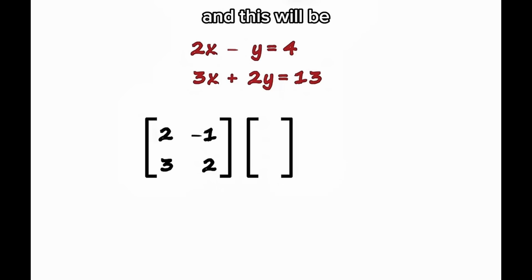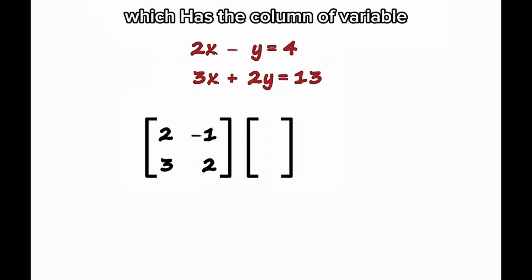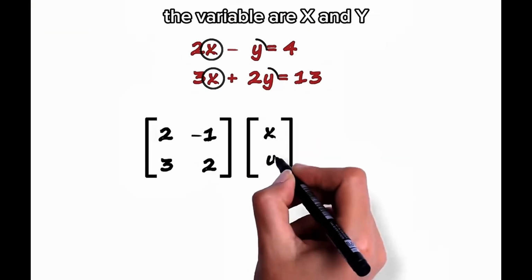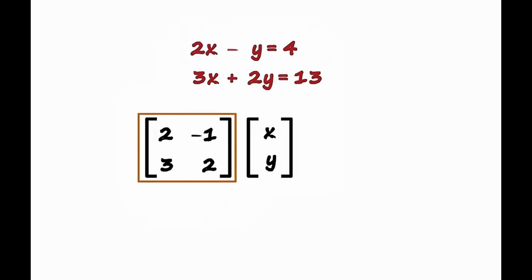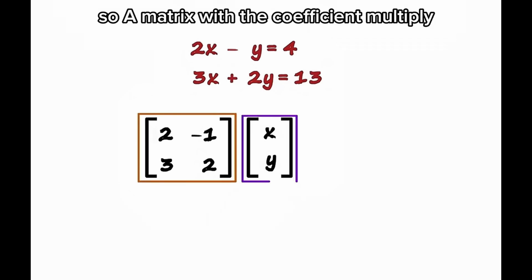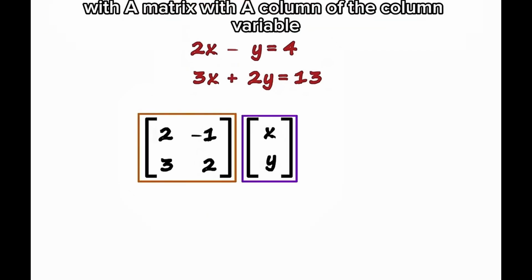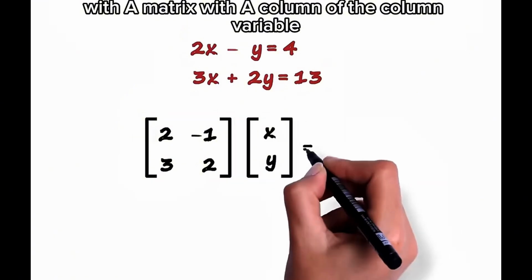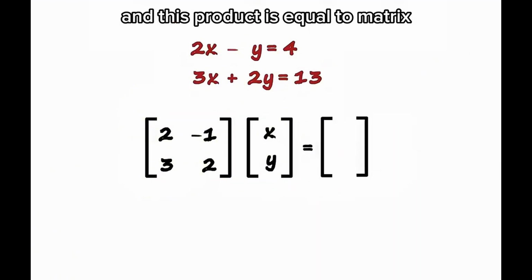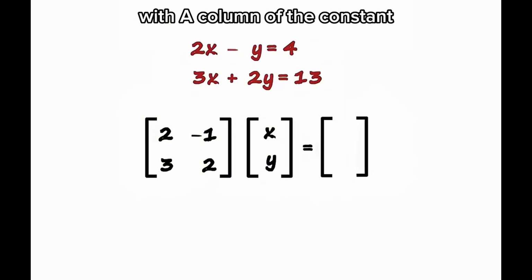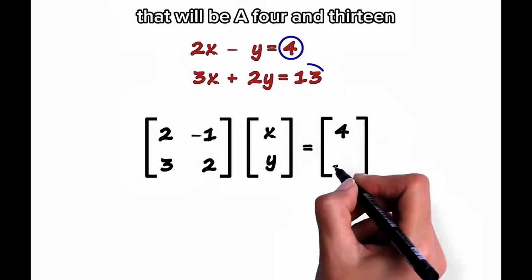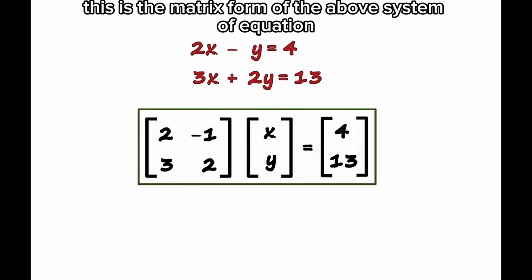And this will be multiplied with a matrix which has the column of variables. The variables are x and y. So a matrix with the coefficients multiplied with a matrix with a column of the variables. And this product is equal to a matrix with a column of the constants on the right hand side. That will be 4 and 13. This is the matrix form of the above system of equations.